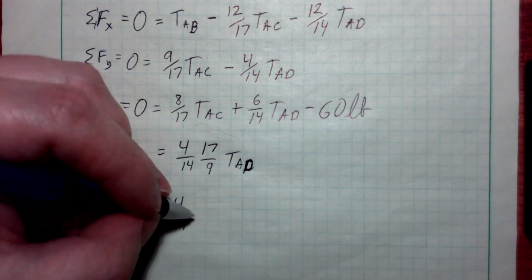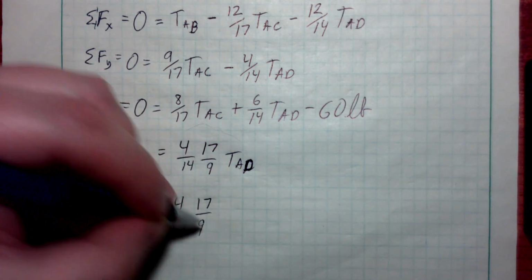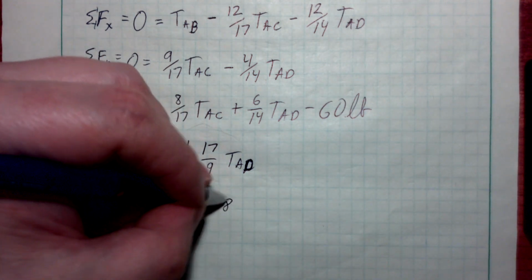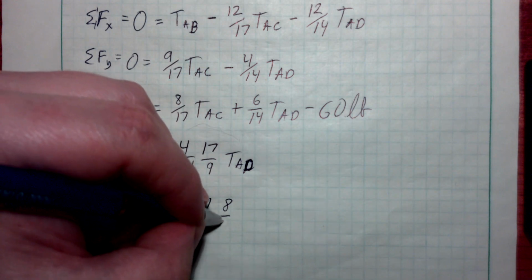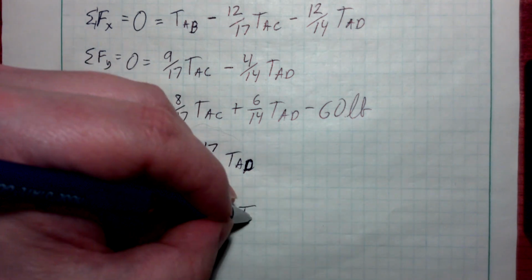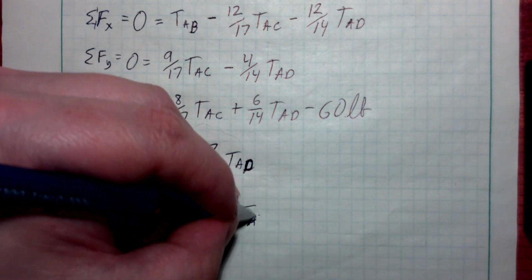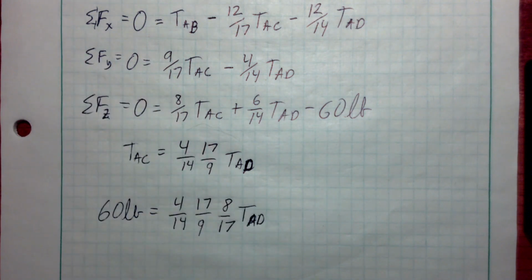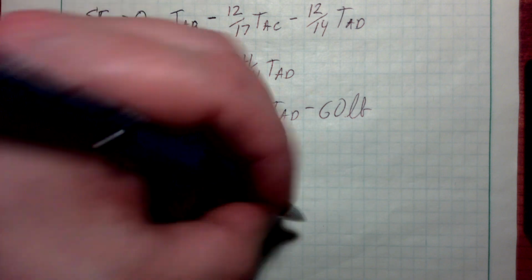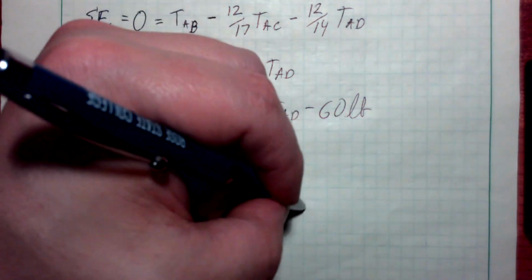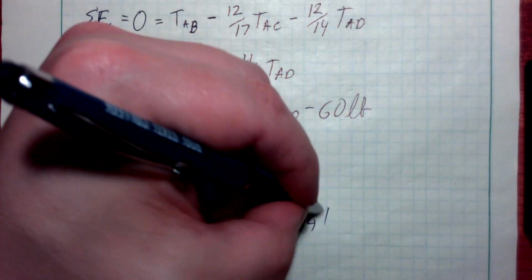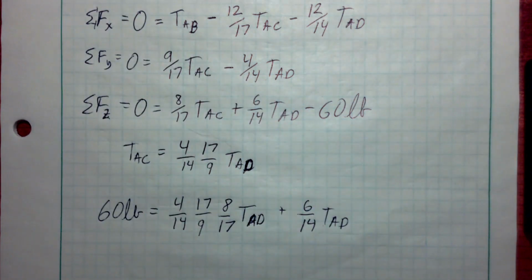Again, feel free to reduce this or not carry around as many figures. I'm trying to do it in the way where I don't have to think too much about the math, so I can talk to you while I'm writing it out. And sometimes that works, sometimes it doesn't. I think that's correct. Plus 6 over 14 T_AD. Okay.